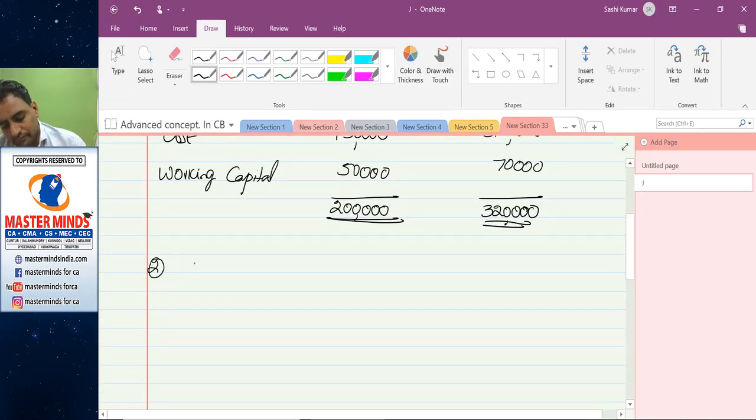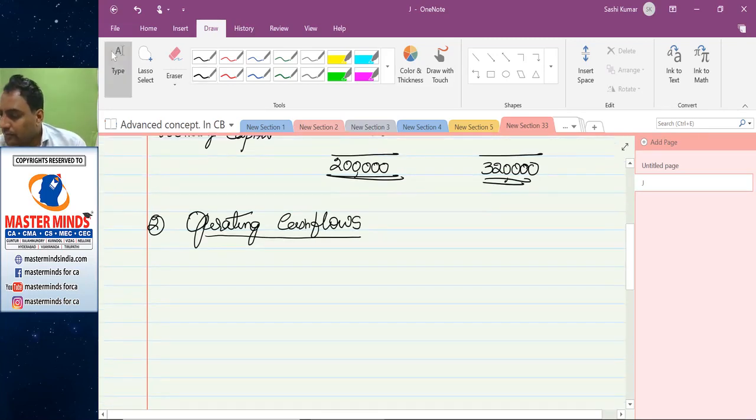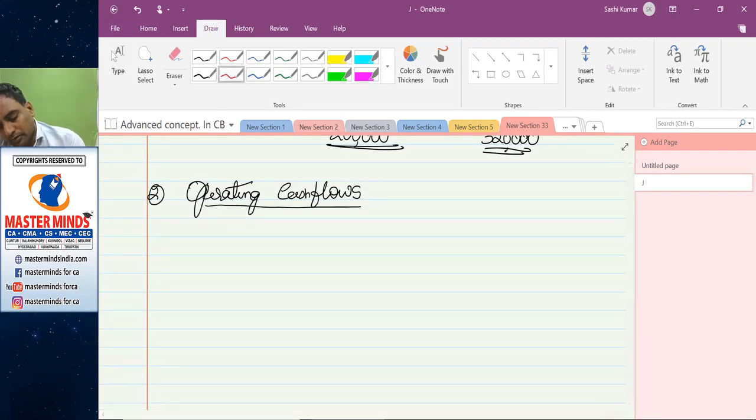Step 2. Operating cash flows. Model 1. Savings in expenses.